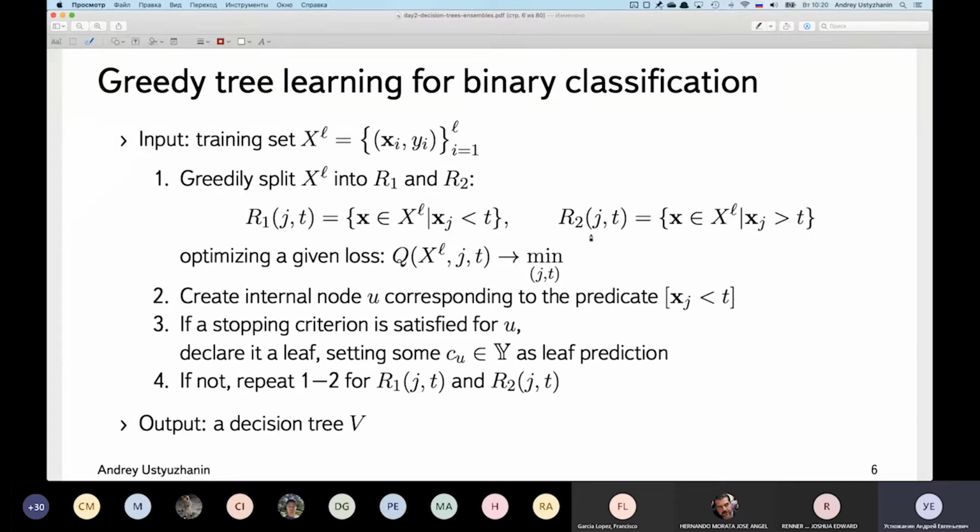So we just compute this ratio and store it in the leaf. And if the stopping criterion is not met, we repeat steps 1 and 2 iteratively for those subsets R1 and R2, and we get the decision tree that has all the data classified into those leaf nodes.